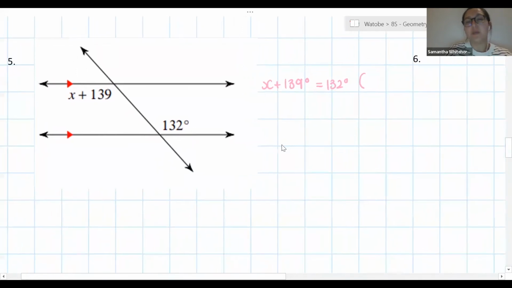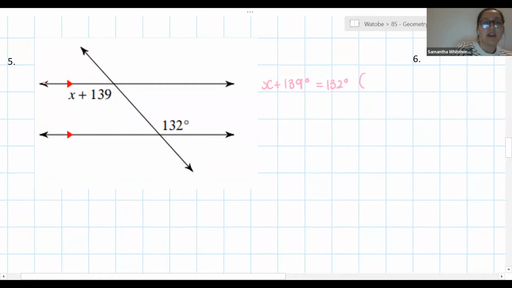Okay, so which shape were you looking at there? Was it the F, the U, or the Z, or the N? F. Okay, so careful. F would be something like that. So then we'd be working with that angle and that angle, or F could be this way, and then we'd be working with this angle and this angle.